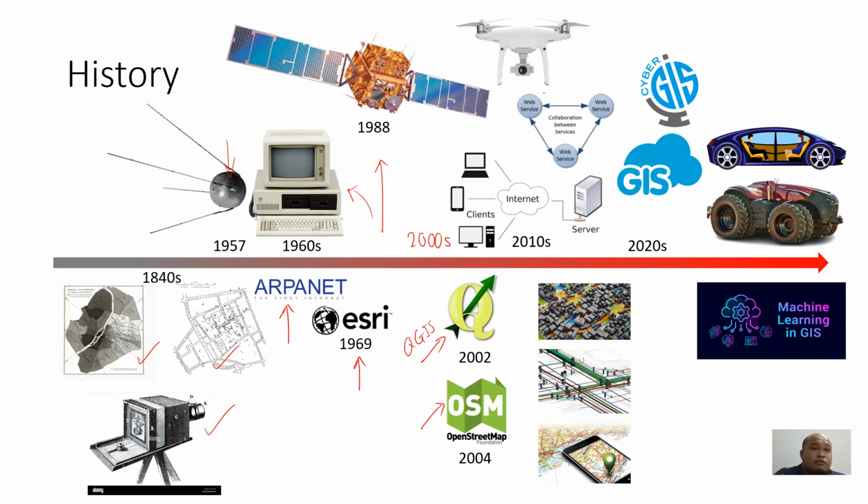You can have drones and conduct drone mapping. Most of it has already been automated, so you don't need to have a surveying or GIS background. You can simply buy and apply, right?